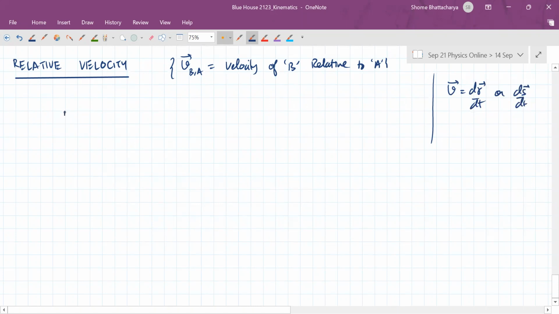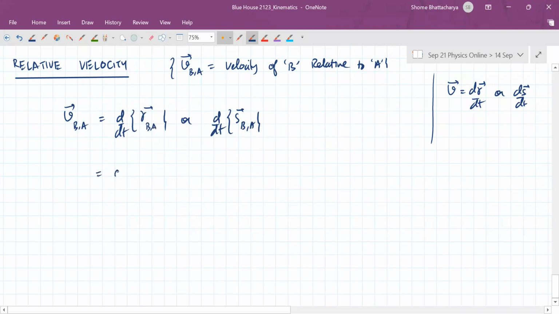So here we will define relative velocity as the instantaneous rate of change of relative position or relative displacement. This one should also be B with respect to A.